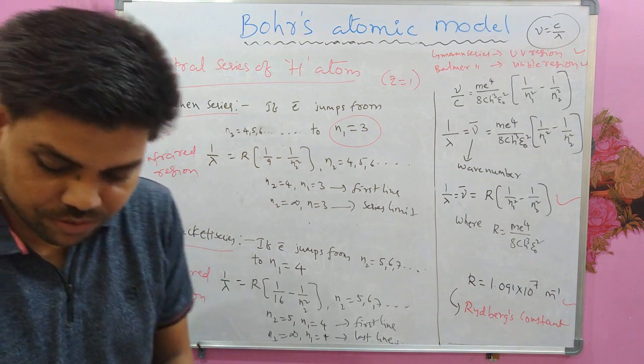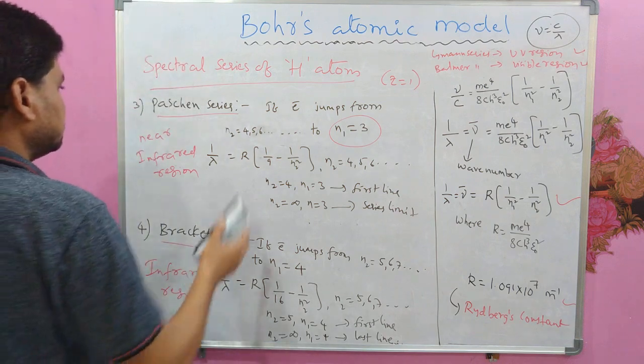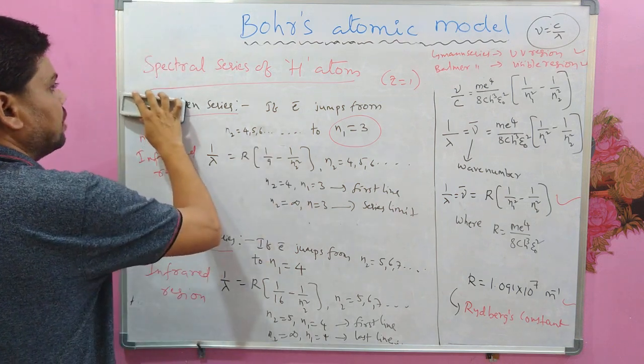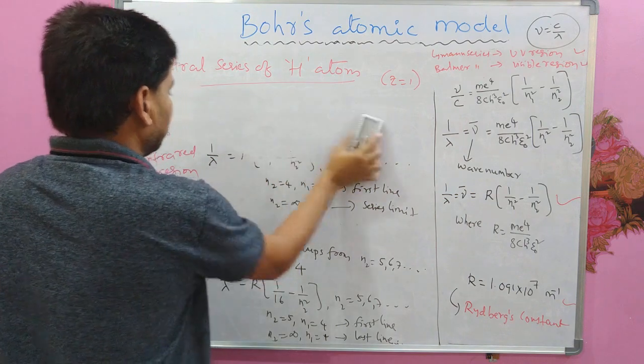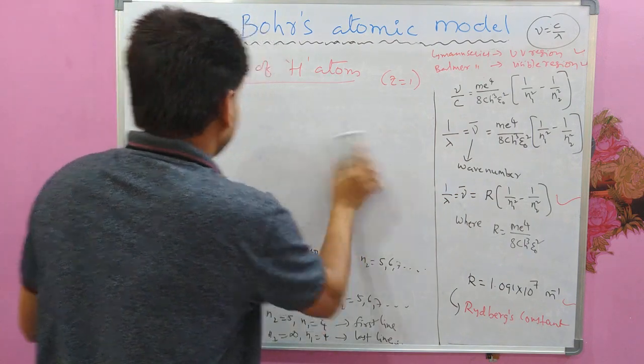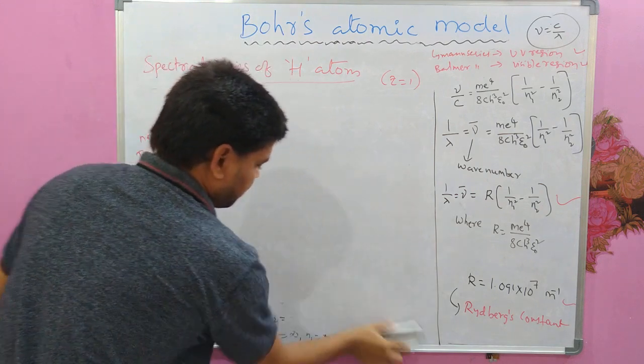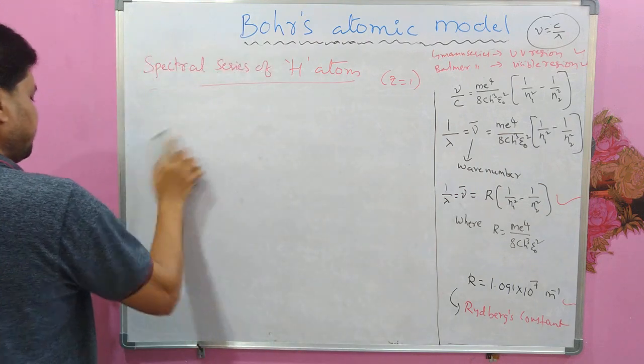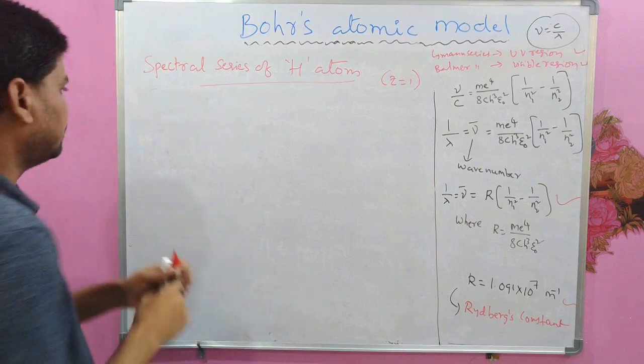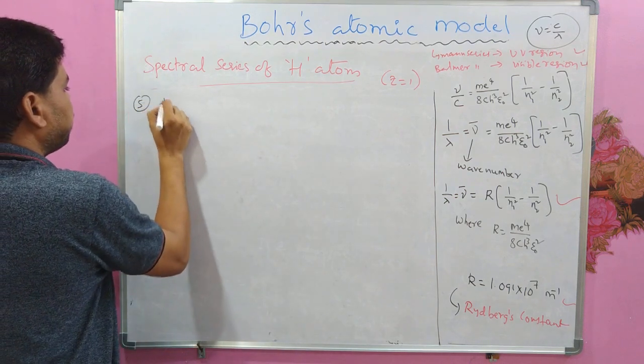Okay. Now we will see the next spectral series of the hydrogen atom, which is the Pfund series. What is it? The fifth one, the Pfund series.